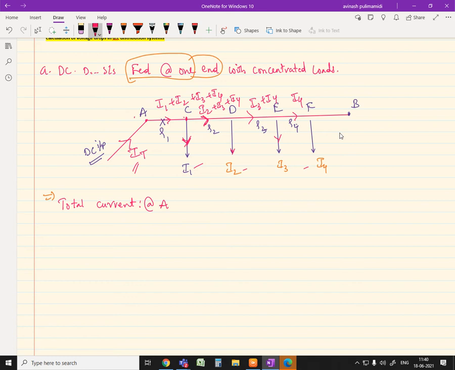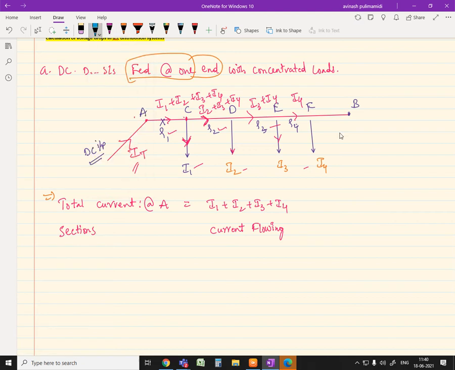Now the total current at A will be equal to I1 plus I2 plus I3 plus I4. This is the total current. Then the currents flowing through the different sections. Total we have four sections.